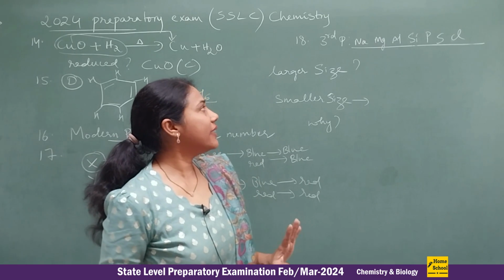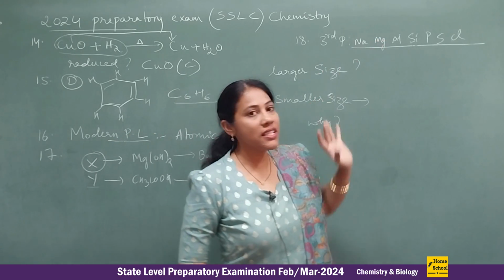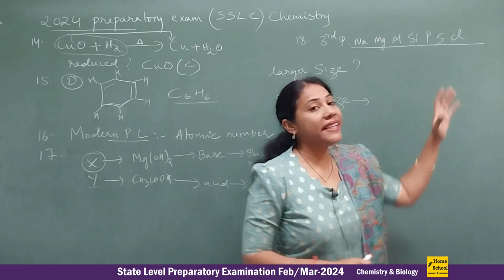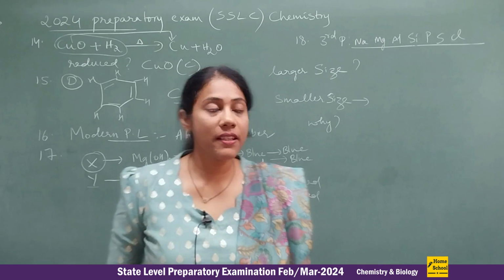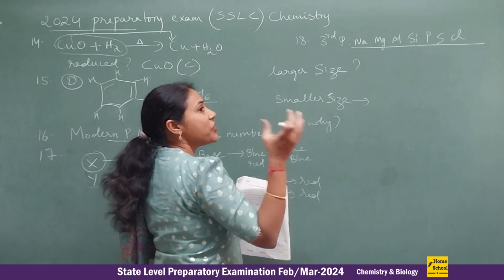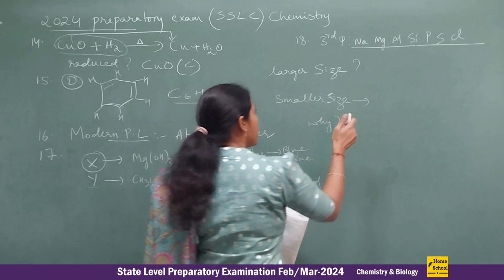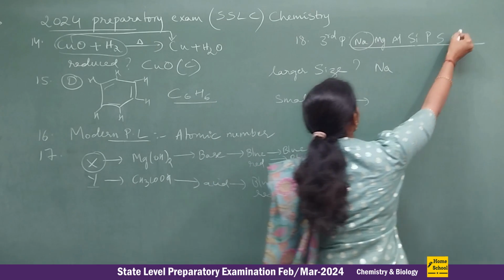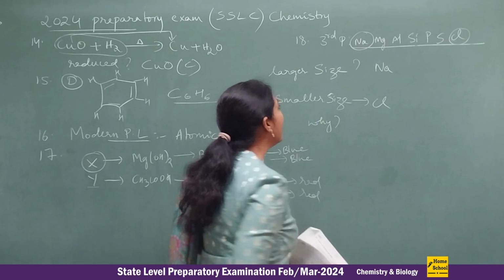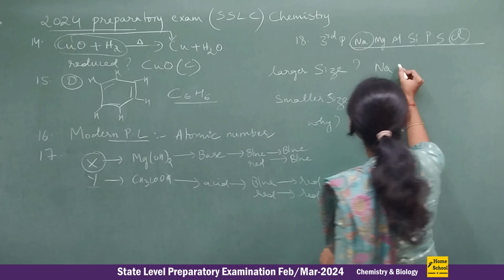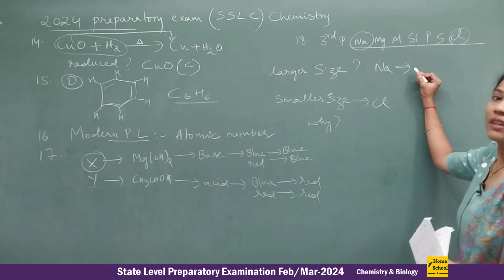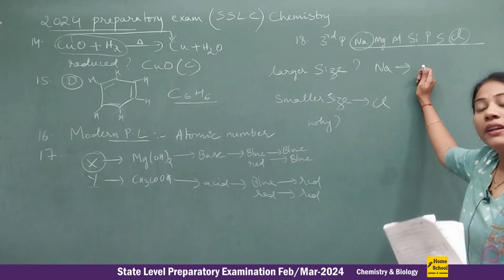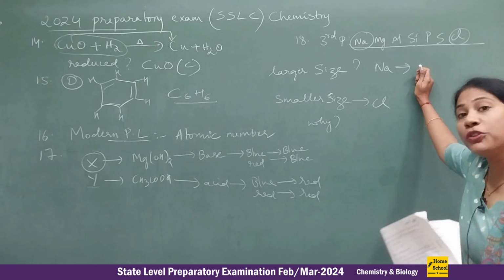So we know that elements in the first group are larger. As you go from left to right, atomic size decreases. So the atom which is larger in radius is definitely sodium. The smaller one is chlorine. Why is sodium larger in size? Because it has more shells and less effective nuclear charge.